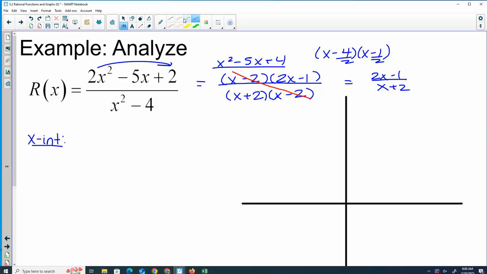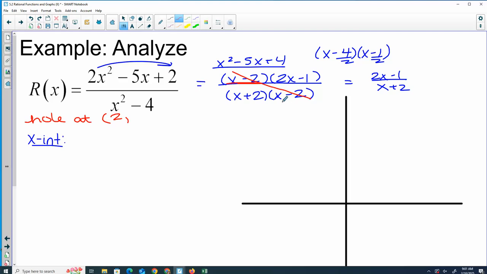But when something cancels, what does it create on our graph? A hole. And we need to know where that is going to occur. So you look at the thing that canceled. What makes x minus 2 equal 0? Positive 2. Then to find the y value, you plug 2 into what's left.